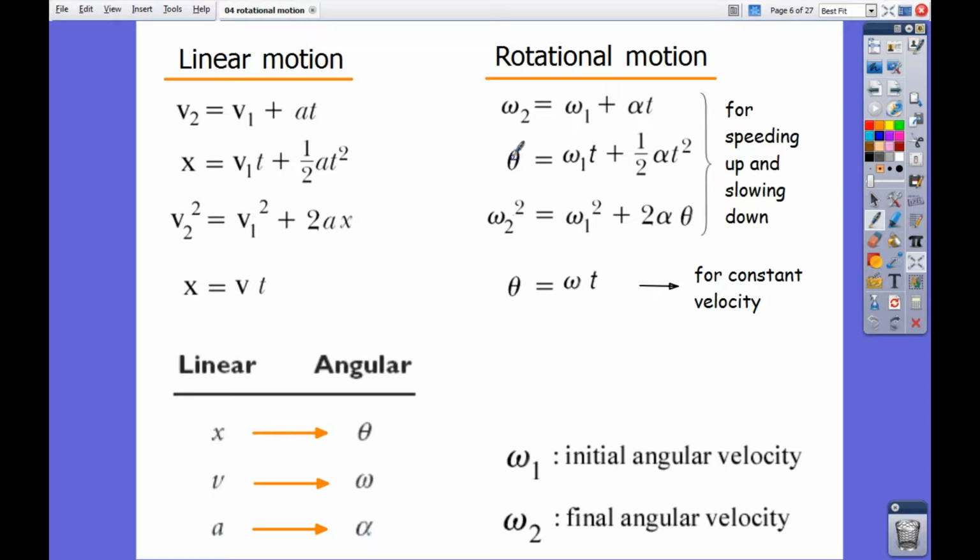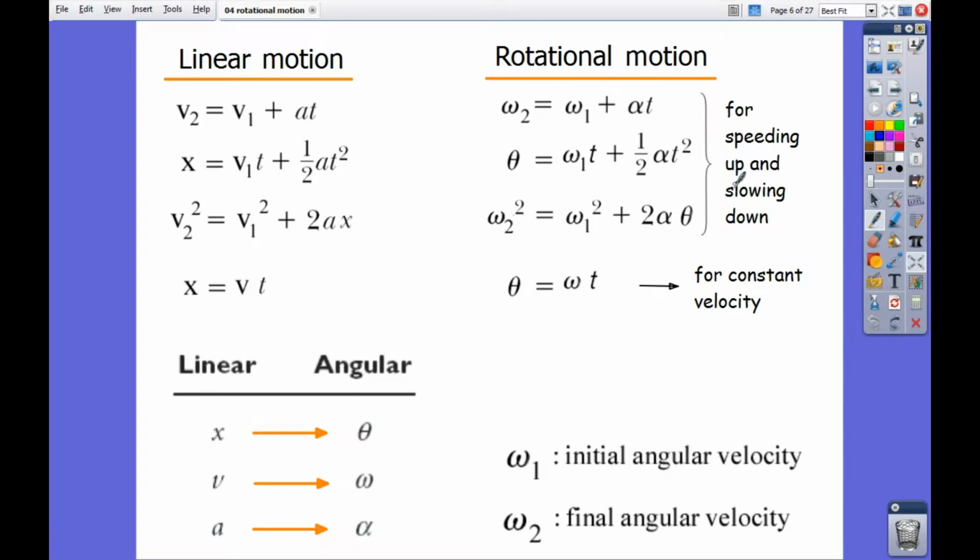Theta, angular displacement, equals initial angular velocity times time plus a half angular acceleration times time squared. Final angular velocity squared equals initial angular velocity squared plus 2 times angular acceleration times angular displacement.